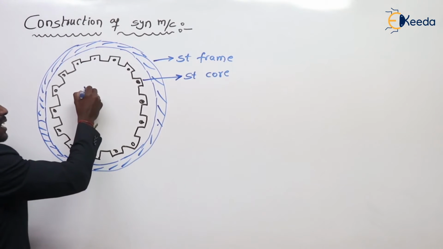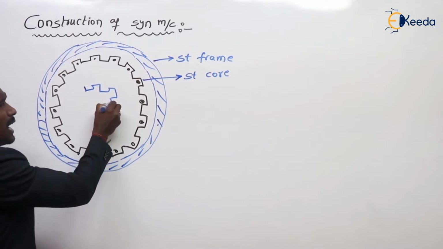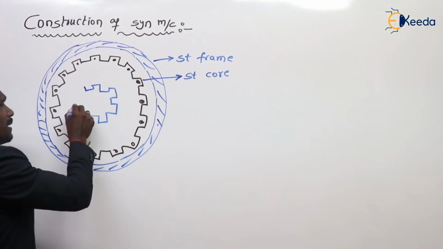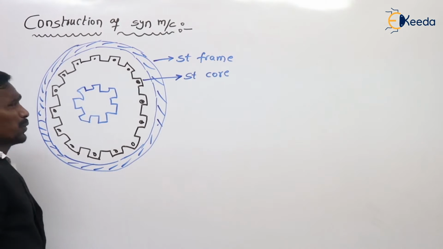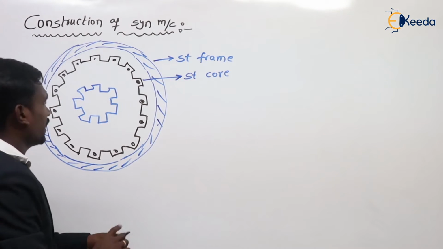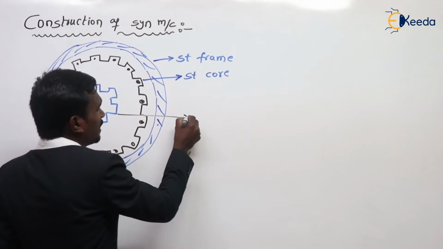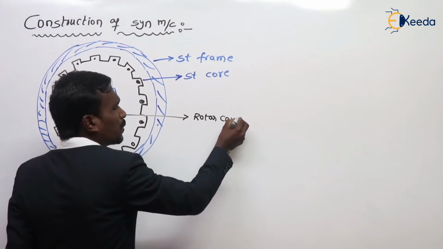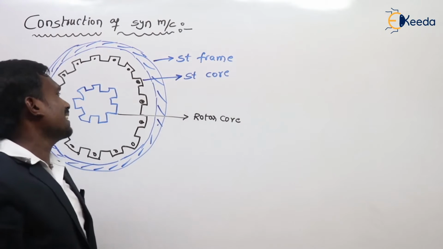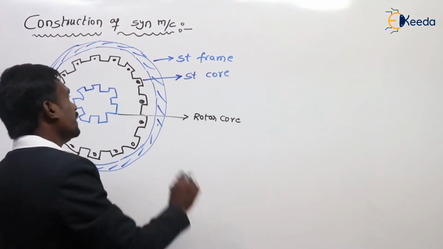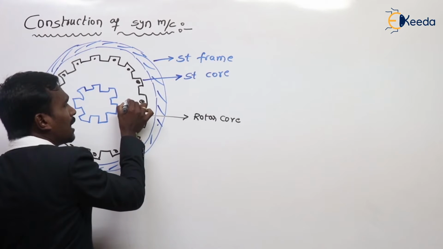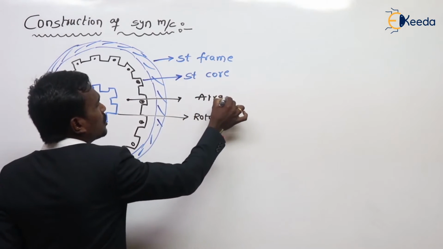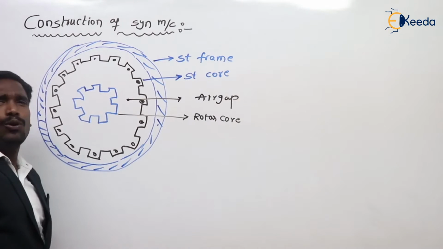And next we have the rotor. For example, this is my rotor core. What is there in between stator and rotor? In between stator and rotor, we have an air gap.